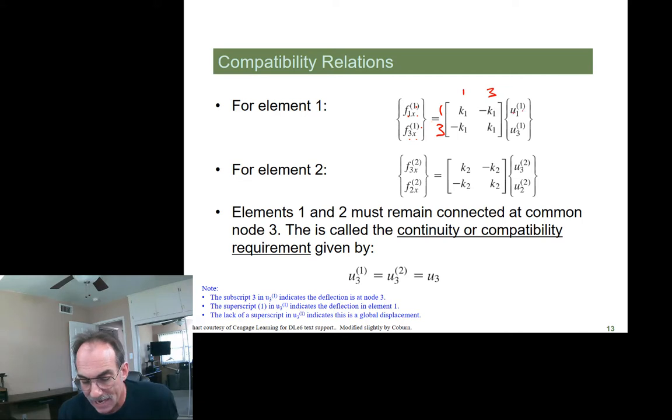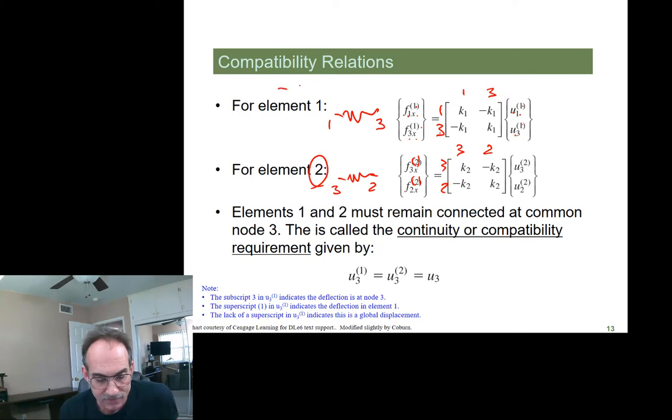We've got the displacement at node 1 for element 1, and the displacement at node 3 for element 1. For the second element, you'll notice these are all for the element. So this is the force at 3, because this one is going from 3 to 2. This one is going from 1 to 3. Remember that? That's why we're going 1 to 3, and this is going 3 to 2. Okay? Sticking with the same.